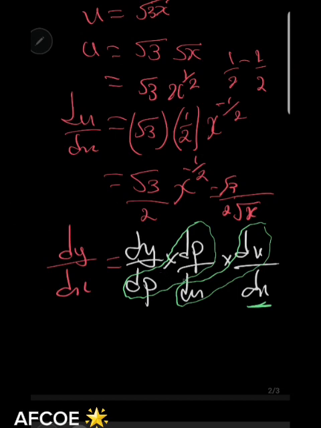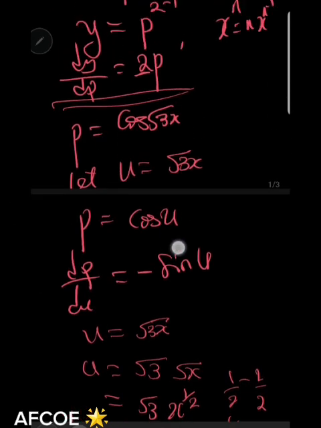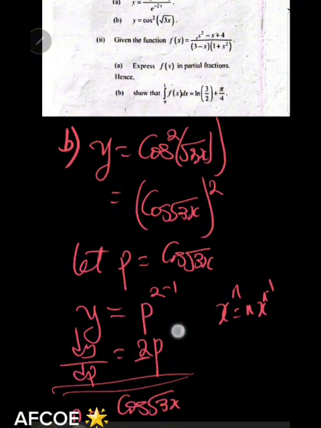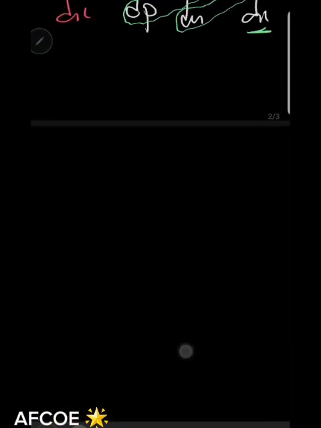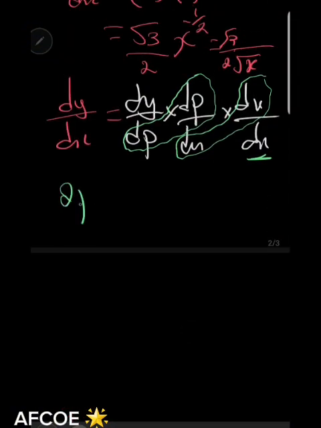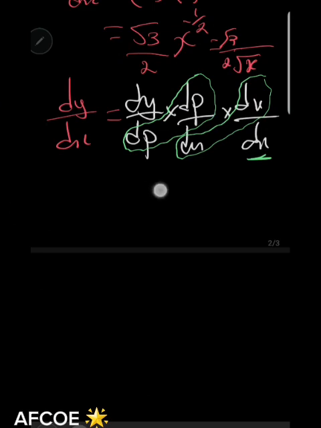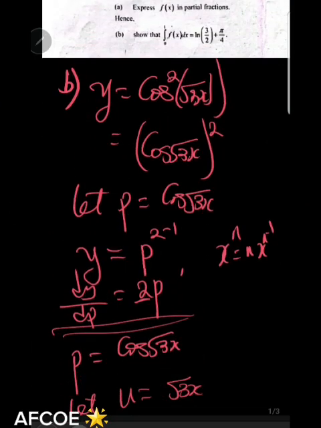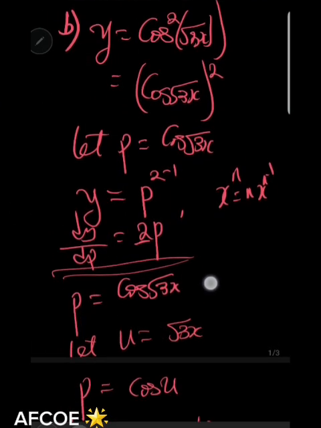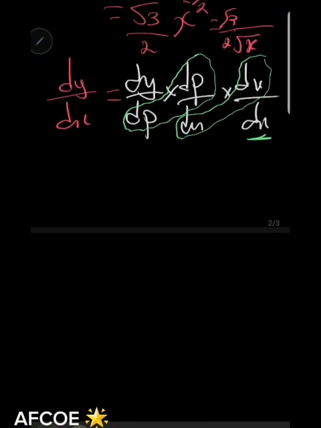So if we combine this, we started with dy/dp. What was dy/dp? We had 2p. So my dy/dp is simply 2p.